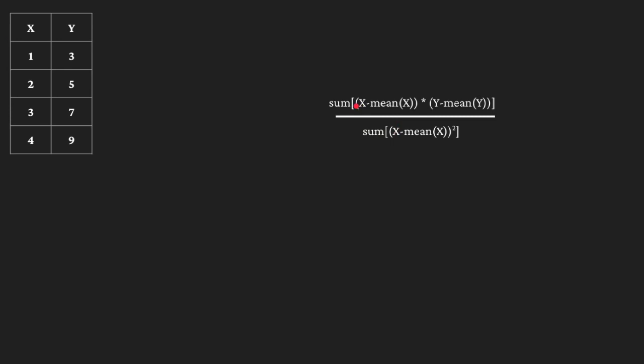What we are doing is taking the deviation of x from its mean and y from its mean, right, and dividing it by the variance of x. This is what we call a covariance. What covariance means is how much combined effect those two, x and y, are giving.